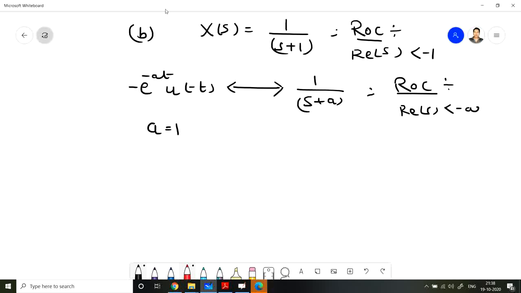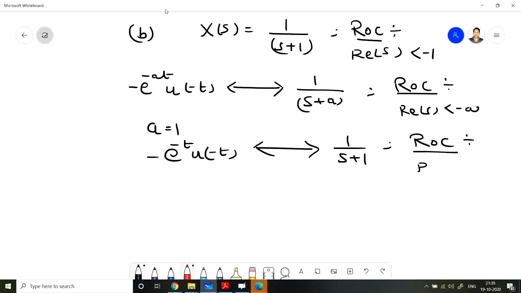Now if we put a equal to 1, it becomes minus e^(-t) u(-t), and the Laplace transform is 1/(s+1), and the ROC is the real part of s less than minus 1.